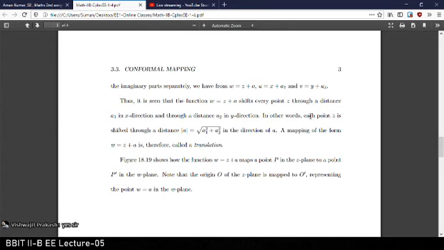In other words, each point z is shifted by a distance modulus a. A point is moving in the x direction by a1 and in the y direction by a2, so the actual displacement is square root of a1 square plus a2 square, which is nothing but modulus of a. So in this mapping, every point will be shifted through a distance modulus a.